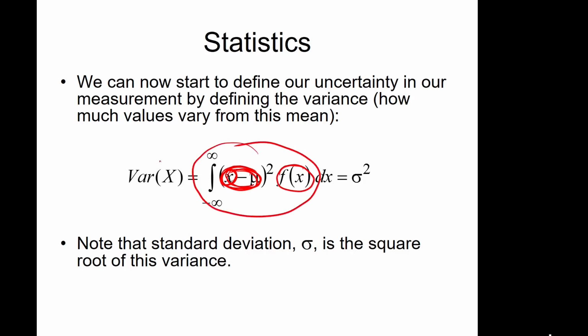And then that gives us our variance. If we square root the variance, what we get is the standard deviation. So sigma, the standard deviation, is the square root of the variance. And this is typically what we'd use on a calculator if we had a list of values: we'd find the mean and the standard deviation.